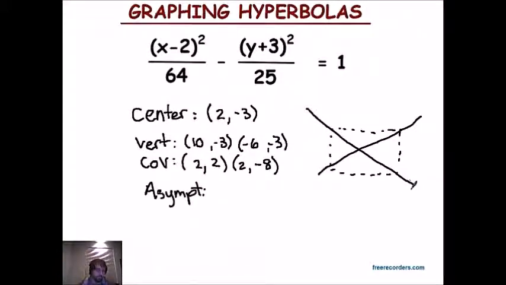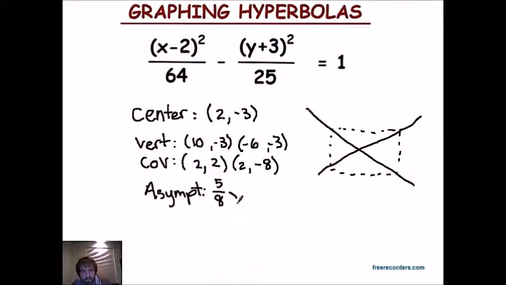You can also use these as coordinate points and find it the old-school way with your y equals mx plus b formulas. The center is here at 2, negative 3. Essentially, I'm going up 5 units and then over 8, so I know that my slope is going to be 5 over 8.